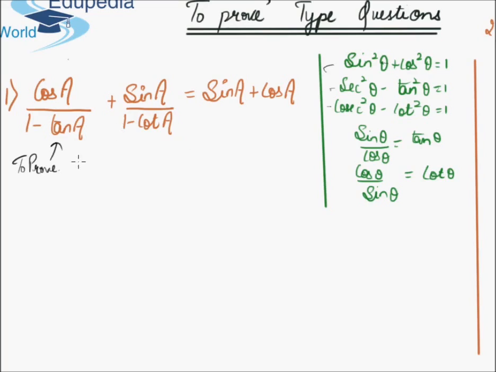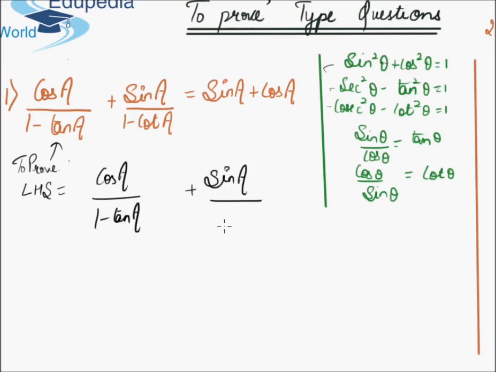So let us pick up here the left hand side, which says cos A over 1 minus tangent A plus sin A over 1 minus cotangent A.